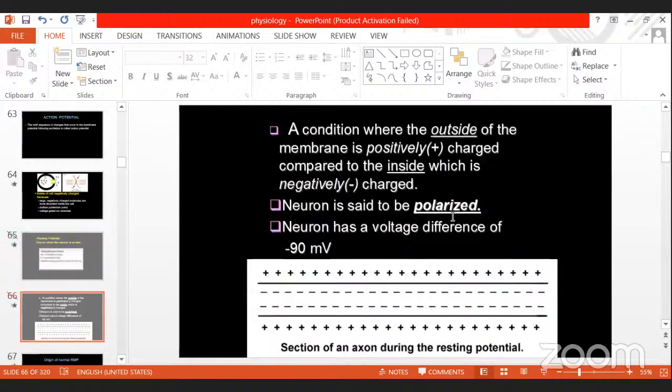The outside being positive and the inside negative is known as the polarized condition. Remember, if a cell is polarized, the inside of the cell is negative and the outside is positive. For neurons, there is a voltage difference of minus 90 millivolts.